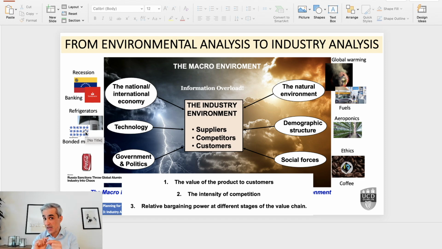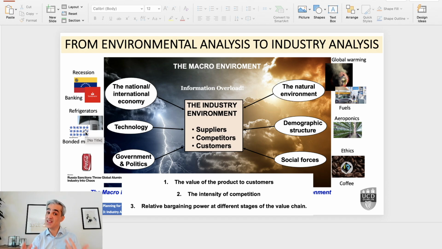So not only your bargaining power with your customers, but as well your bargaining power with your suppliers. Who do you need to produce graphene? Who do you need to produce the material that absorbs humidity very well? Who do you need to produce that toxin that you're going to use for insecticides? So you need to be looking at your suppliers.